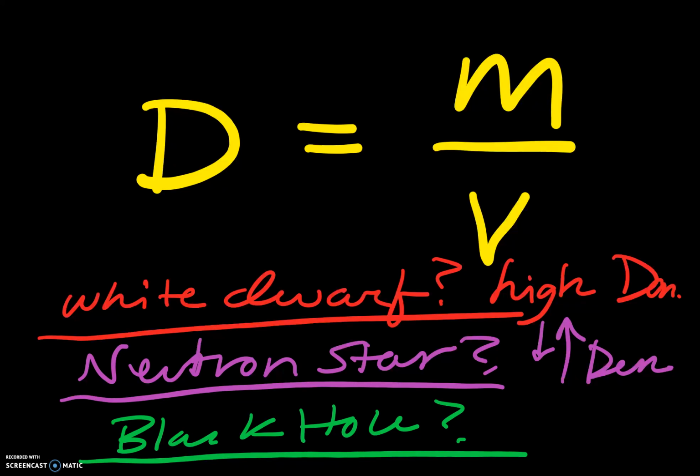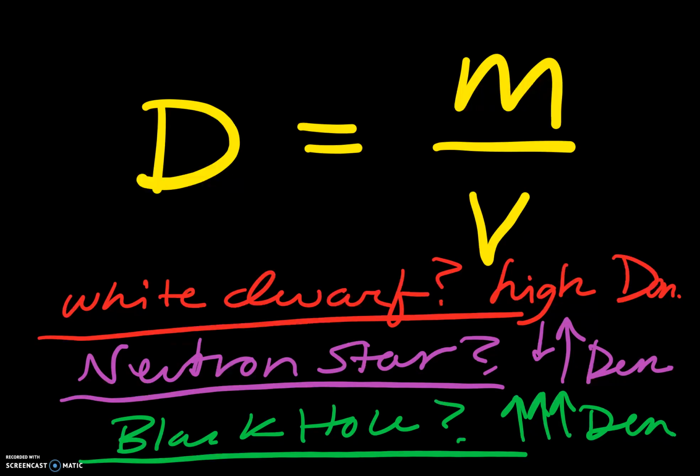And then looking at black holes, as you can probably tell, they have a huge mass, even larger than neutron stars and white dwarfs, more than 3 times the mass of our sun, and they take up a very, very, very small volume, even down to a single point, and that's called the point of singularity. So they have a very, very high density.